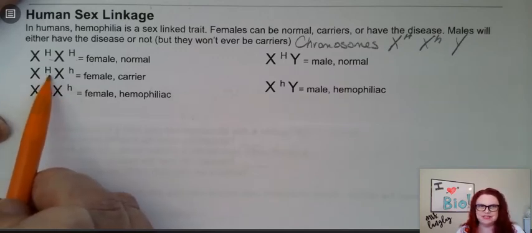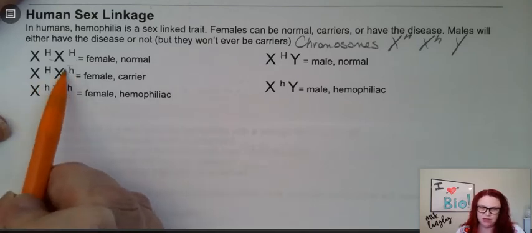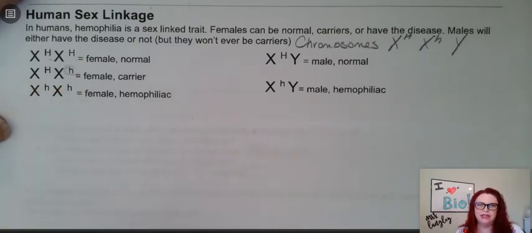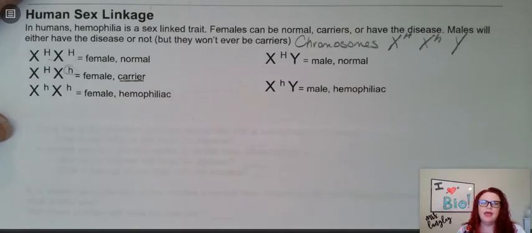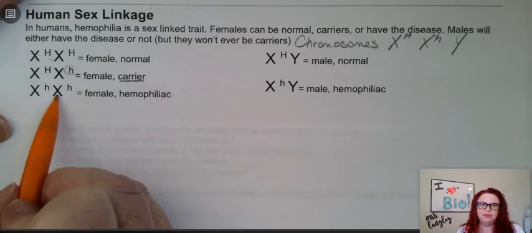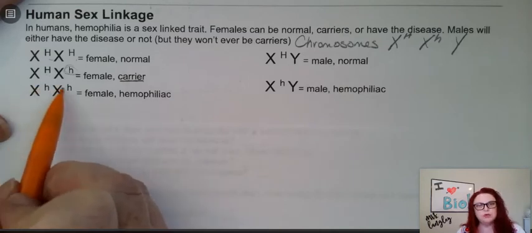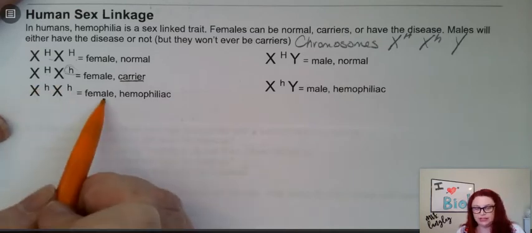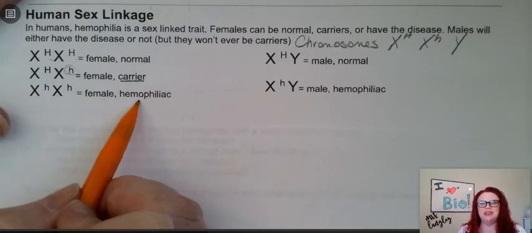They don't have the disease, but they have this here, which means they're carrying that allele and could give it to their offspring. So we call this a carrier. And then we can also have XX with 2 lowercase h's. This means female, and because it has 2 of the recessive traits, this is female hemophiliac. That means somebody with hemophilia.